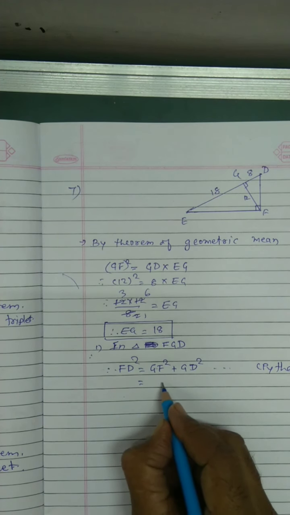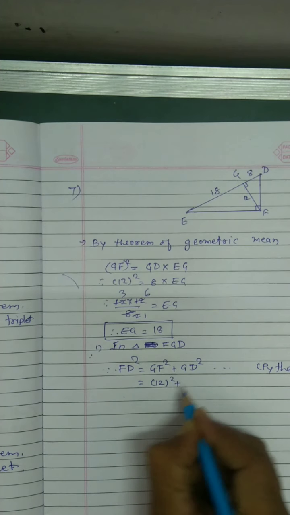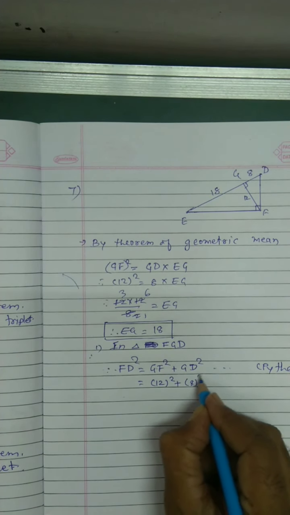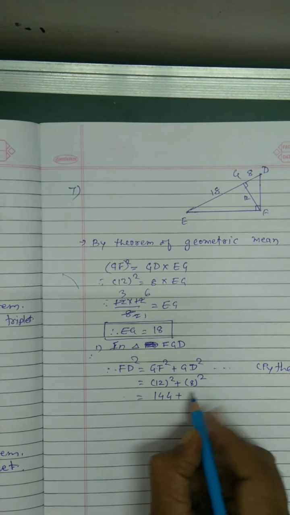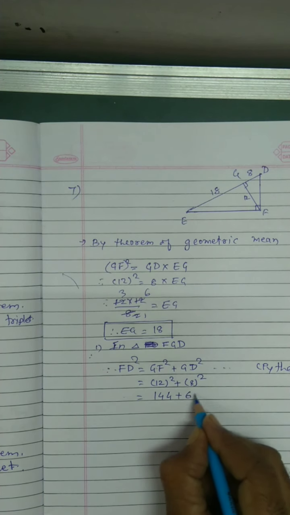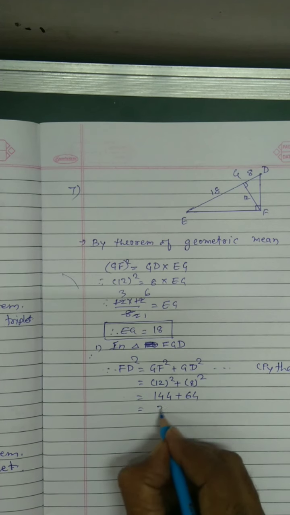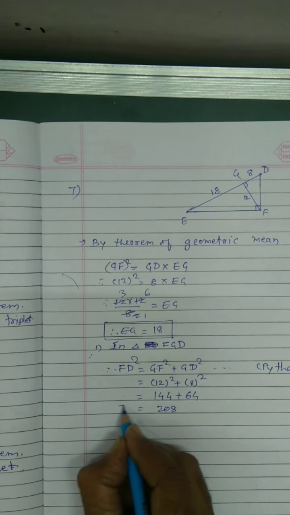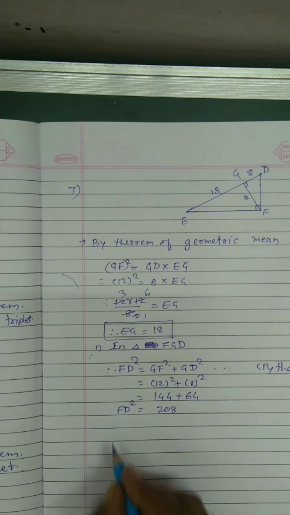Hence GF, which is 12, square plus GD, which is 8, square. Hence the square of 12 is 144 plus the square of 8 is 64, and the sum of this is equal to 208. Hence FD square is equal to 208.